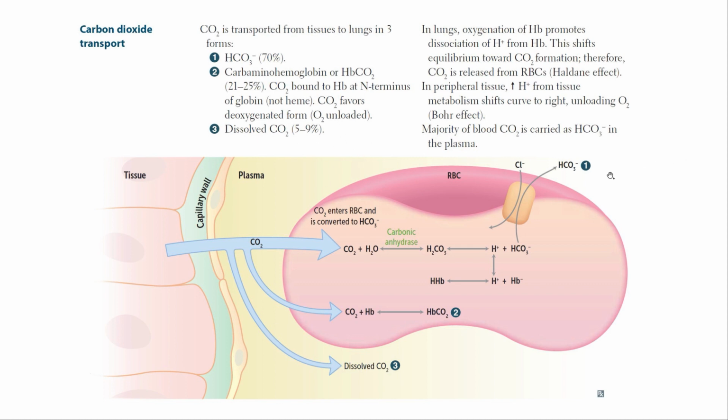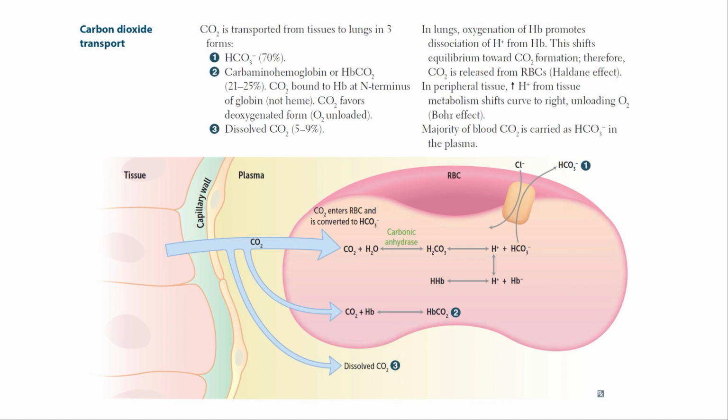The Bohr and Haldane effects, all you need to remember is that the Haldane effect is what happens in the lungs, where lots and lots of oxygen being around promotes kicking off hydrogen ions from hemoglobin, and that oxidized form of hemoglobin that no longer has a hydrogen bound prefers to kick its carbon dioxide off, which helps CO2 be released at the lungs so that you can breathe it out.